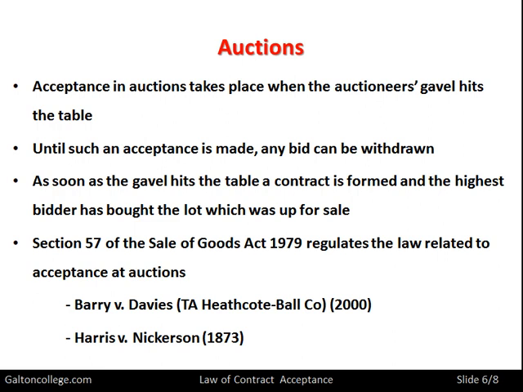As soon as the gavel hits the table, a contract is formed and the highest bidder has bought the lot which is up for sale. So it's when the auctioneer strikes the table that the contract is made.